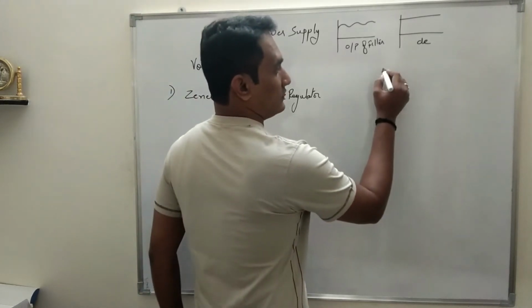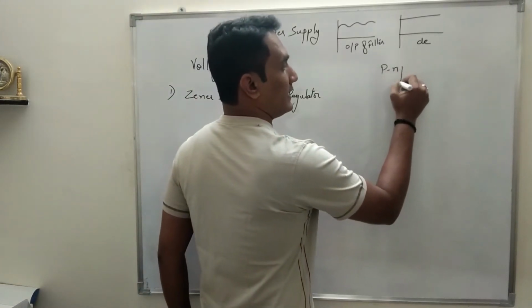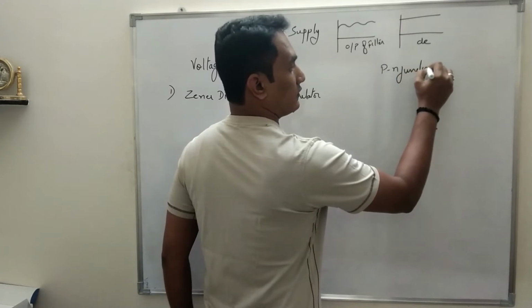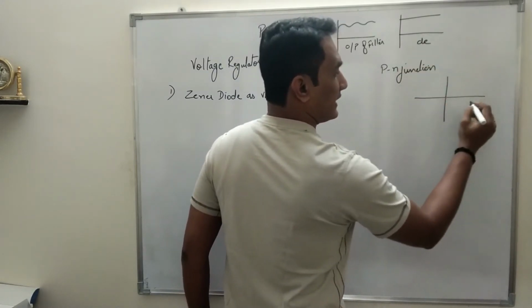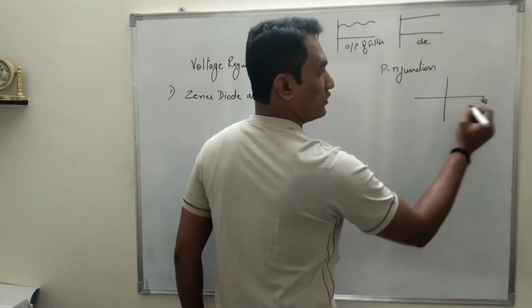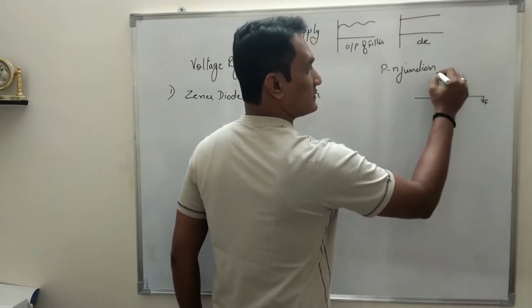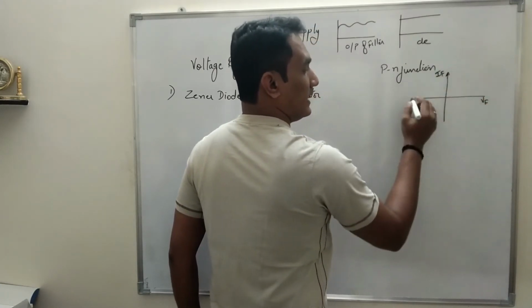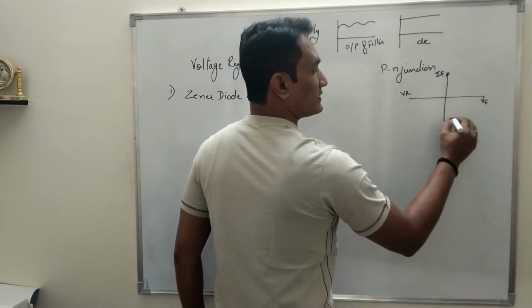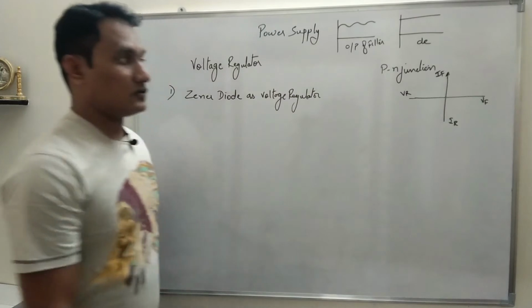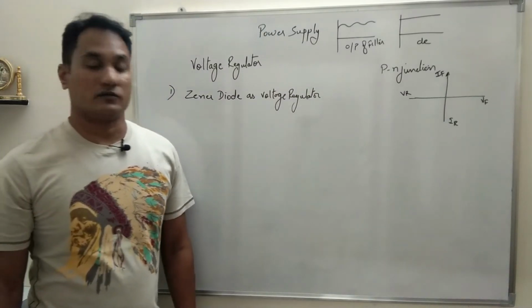Okay, so this is for a normal PN junction diode. When you draw the VI characteristics, this is forward voltage and this is forward current, and this is reverse voltage and this is reverse current. Okay, so that is the quadrant.